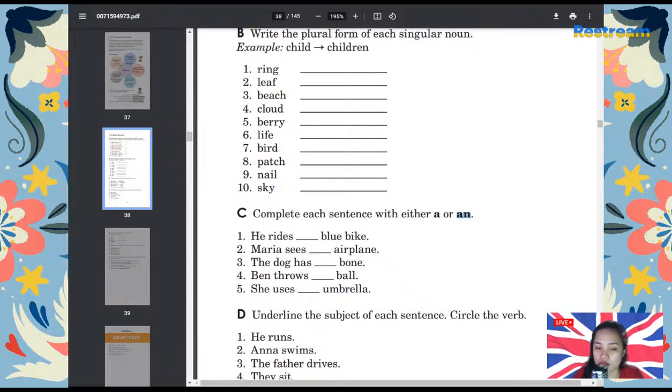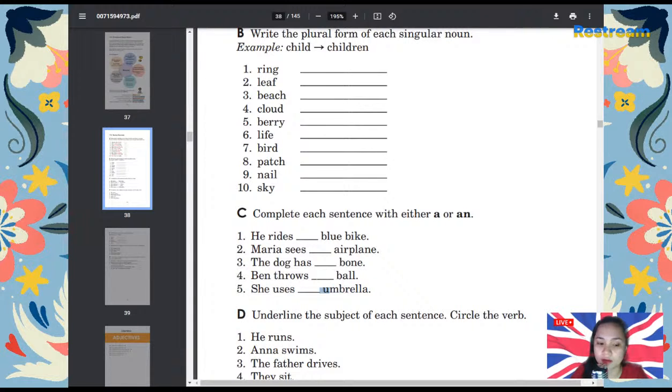We're not going to do the other articles, the or the. Only a or an. So Ben throws what? Blank ball. A or an? A. Okay. So Ben throws a ball. Yeah, you can actually use the article the in here, but the only choices that we have are a or an. Okay. And last for number five, she uses blank umbrella.